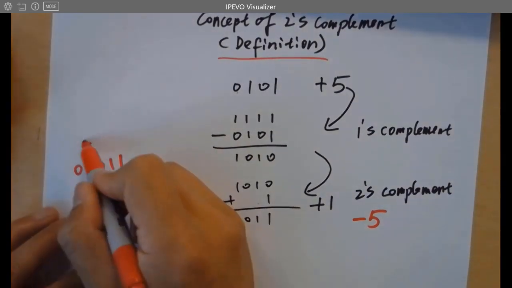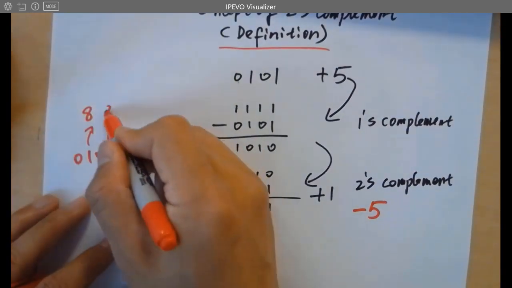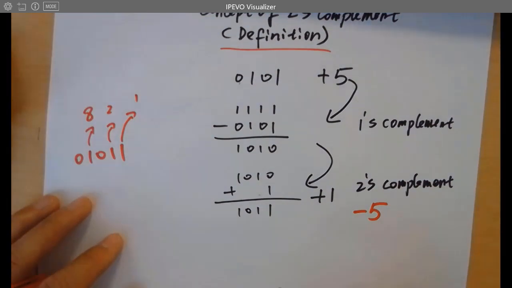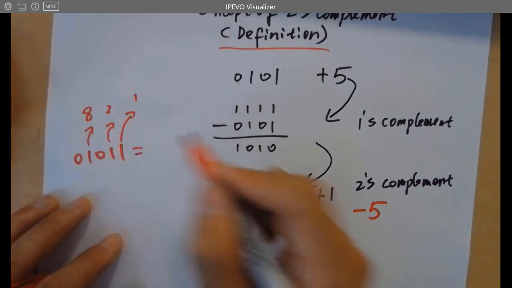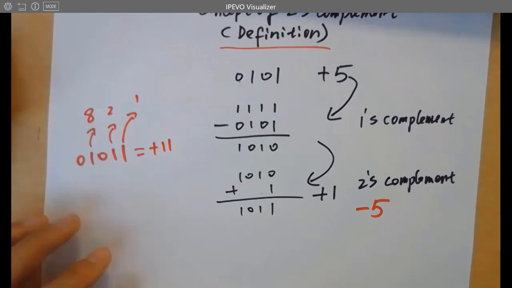So what is that number? 8, 2, and 1, so it's positive 11. So what's minus 11 in 2's complement?